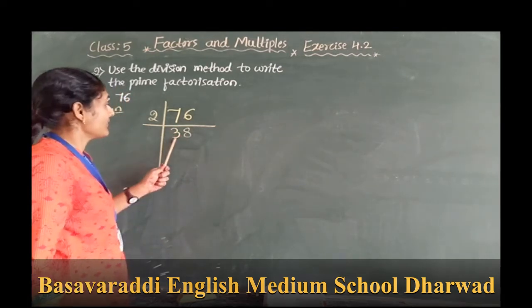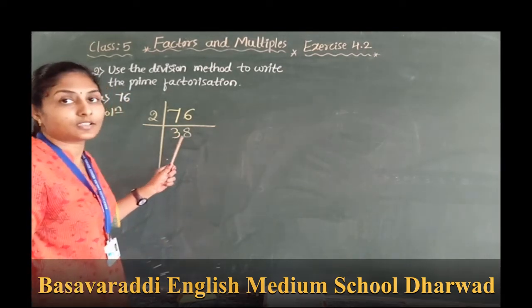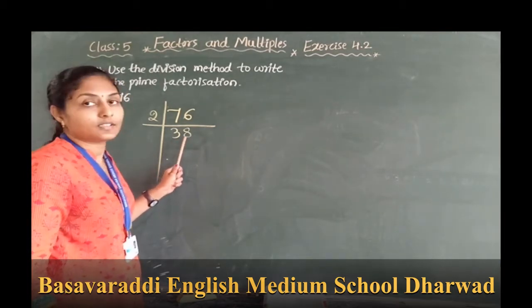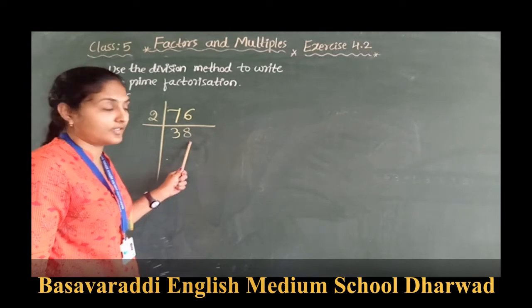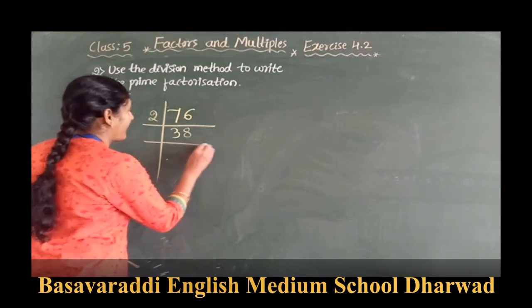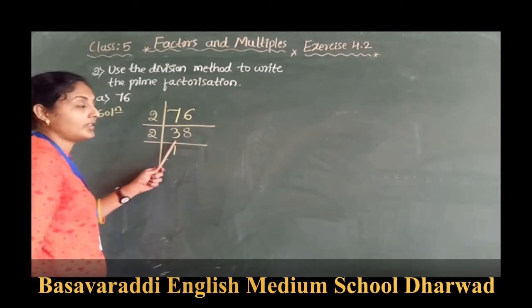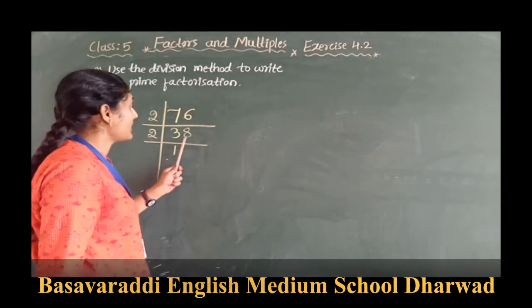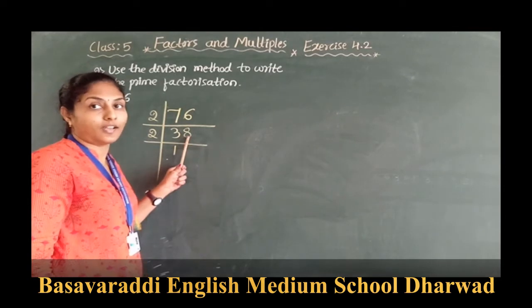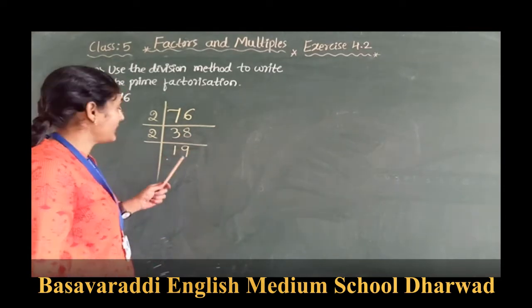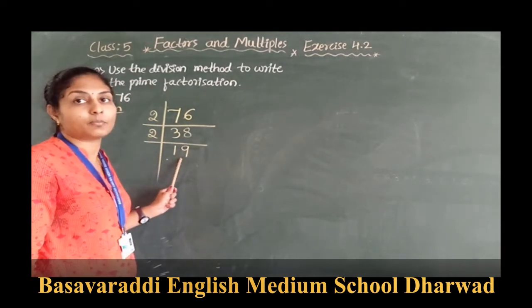Next, 38. The 38 is divisible by 2 again. Why? Because in the ones place there is an 8. 2 ones are 2, the 1 is the remainder. Club it with the 8, that becomes 18. So 2 nines are 18. Next, 19 is a prime number. Why?